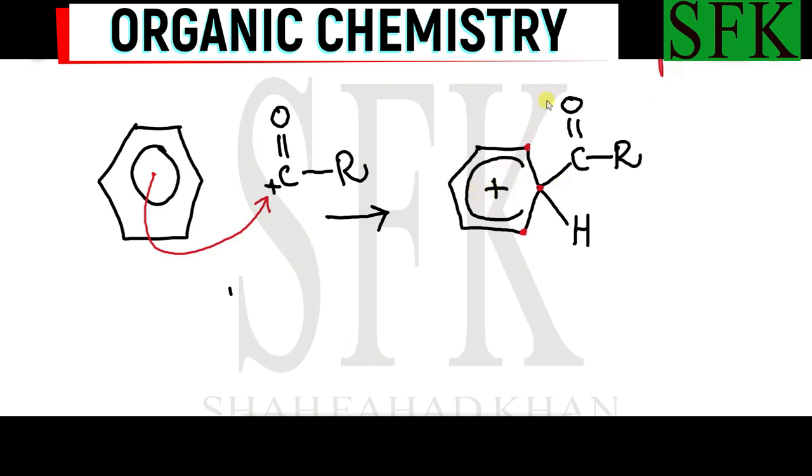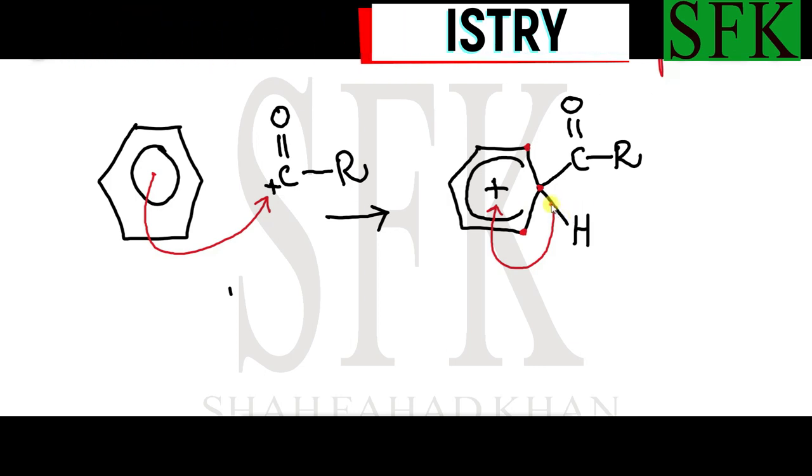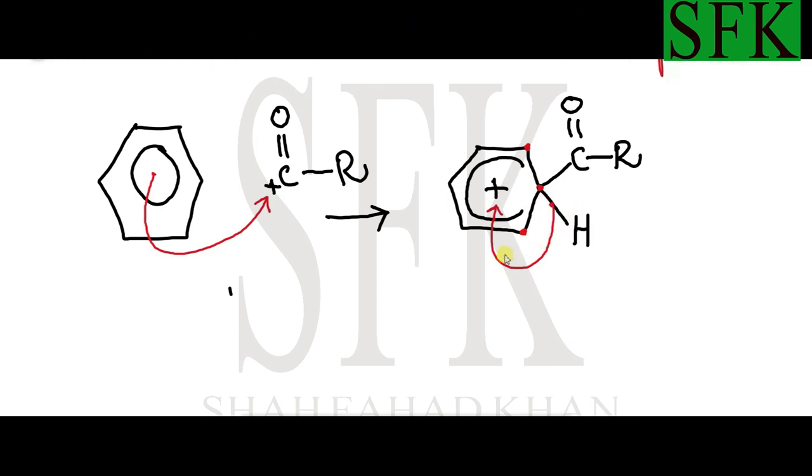Now this is our intermediate. The positive charge will cause this carbon-hydrogen bond to break. Again, be careful while drawing this curly arrow: the tail of the arrow must start from this carbon-hydrogen bond, and the head must end on the positively charged ring.